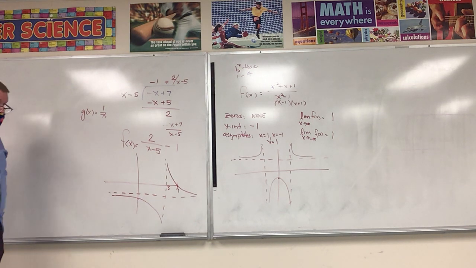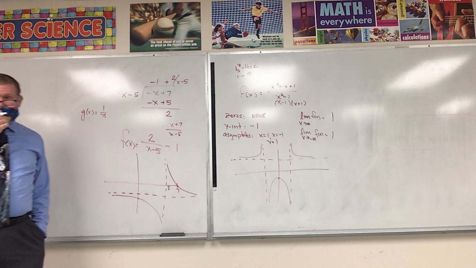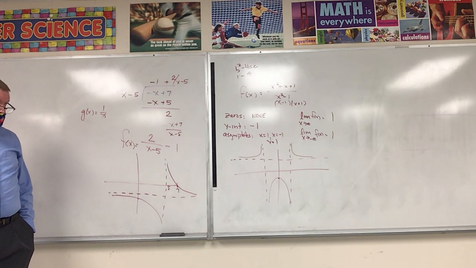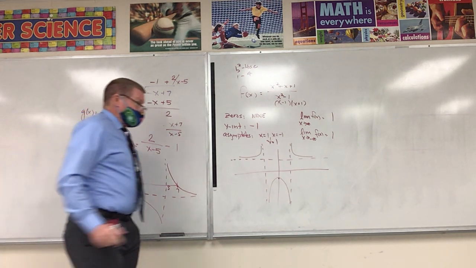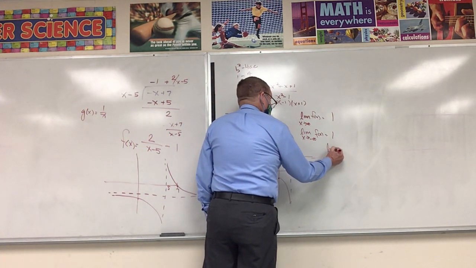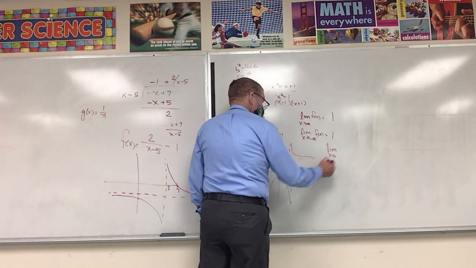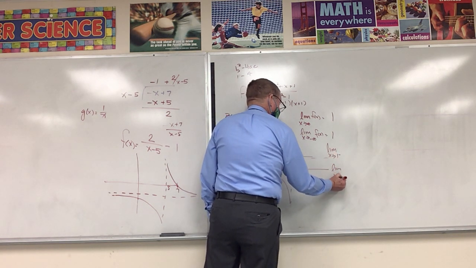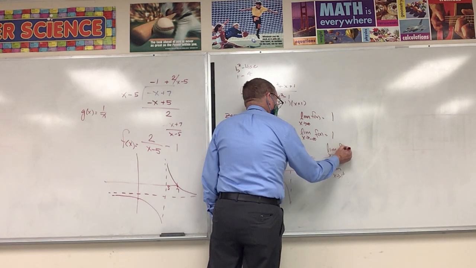When will they be different? If we have a slant asymptote or oblique asymptote, that is where they would be different. The limit as x approaches 1 from the negative side, the limit as x approaches 1 from the positive side.